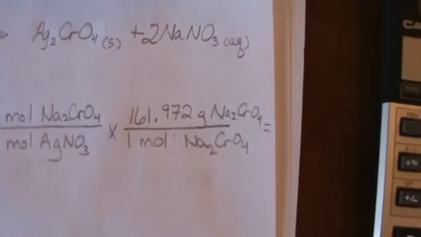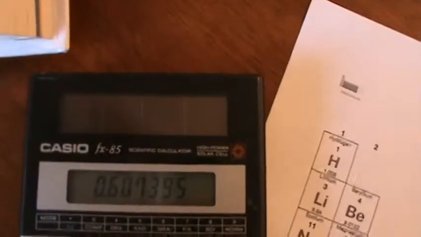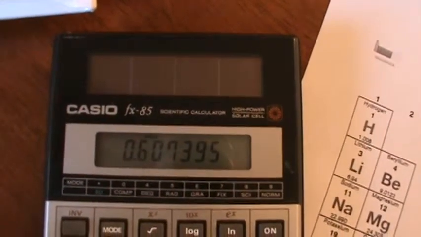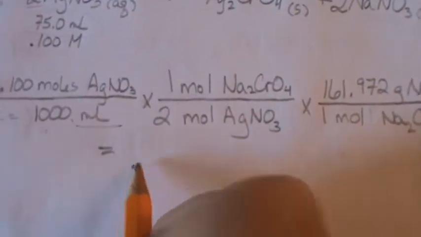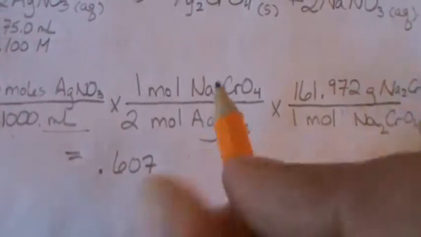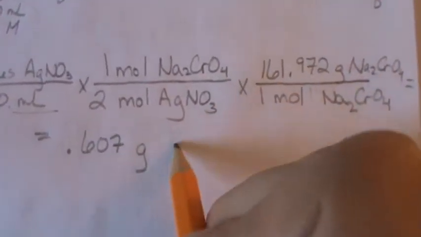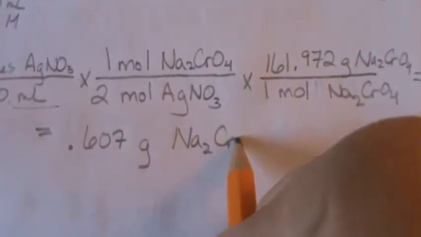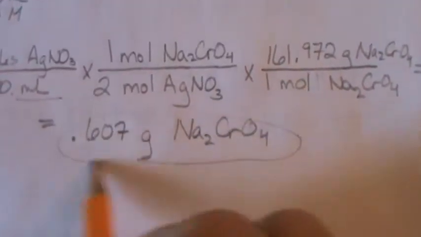And that tells me, if I look at my calculator, 0.607395. I can only have 3 significant figures, so this becomes 0.607 grams of sodium chromate. Voila.